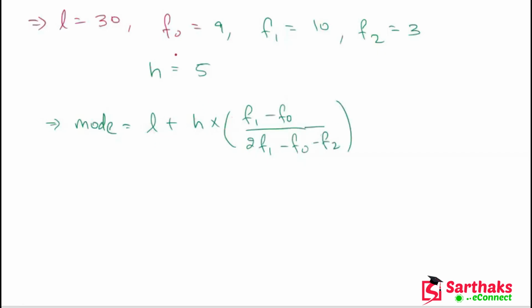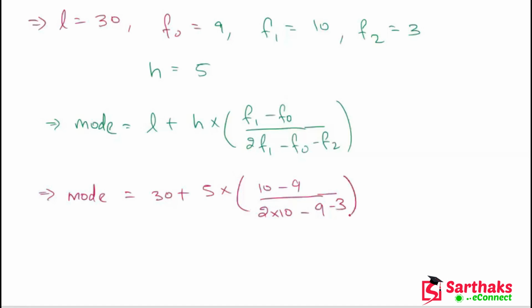So my dear friends, now we have to put all these values in the formula. So we get mode is equal to L, we have 30, plus H, we have 5, into F1 which is 10 minus F0 which is 9, divided by 2 into 10 minus 9 minus 3. I hope you get this point.